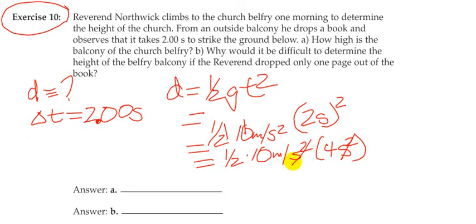This will cancel with that, so what we're left with is meters. So we have 1/2 times 10 is 5. 5 times 4 is 20. So our answer is going to be 20 meters.